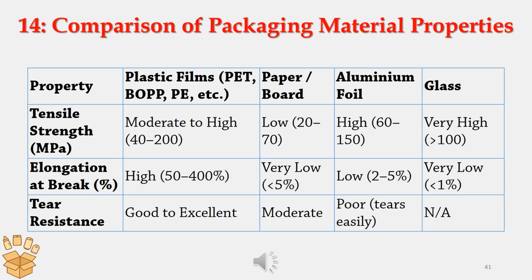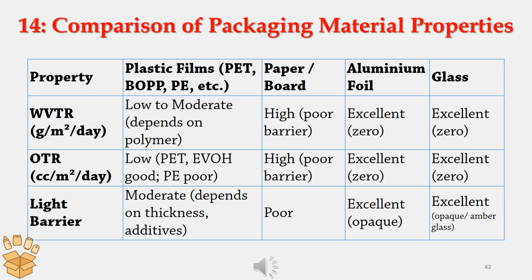The chart shows comparison of packaging material properties like tensile strength, elongation at break and tear resistance. The chart shows comparison of WVTR, OTR and light barriers.